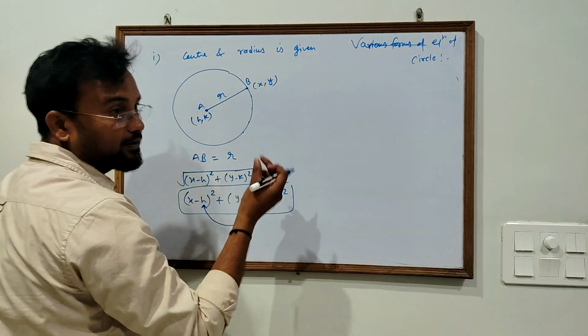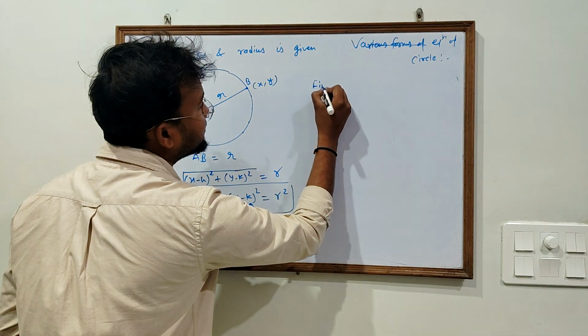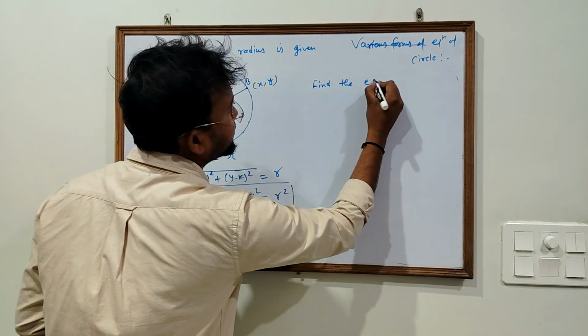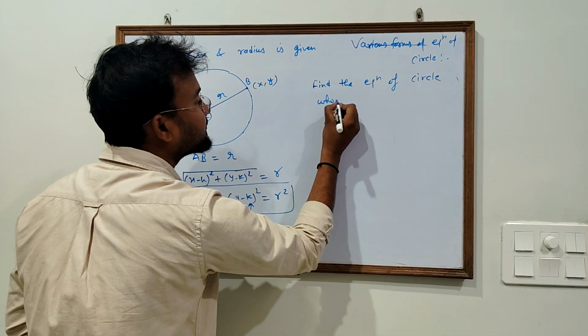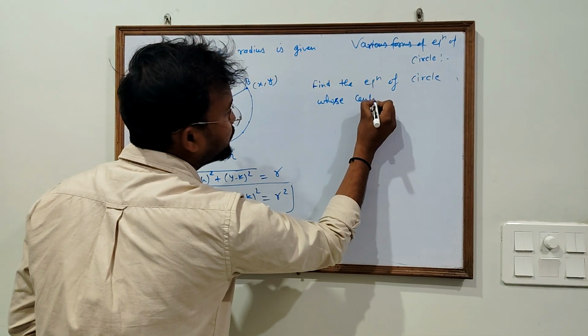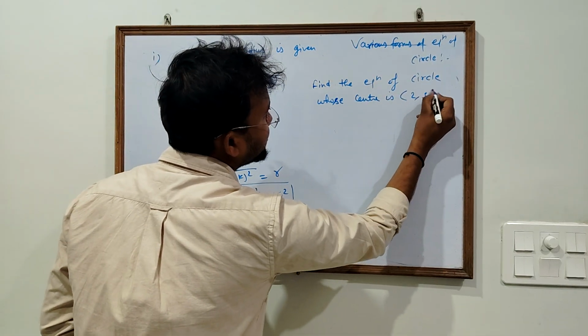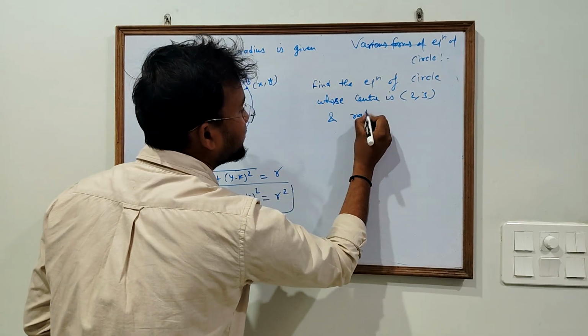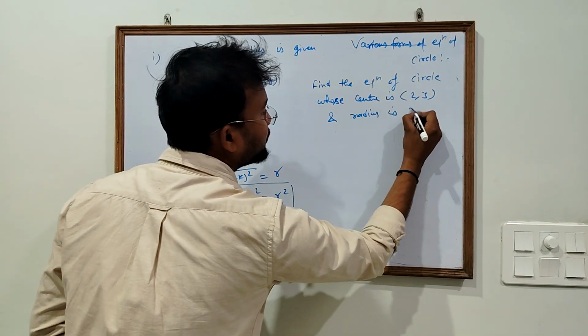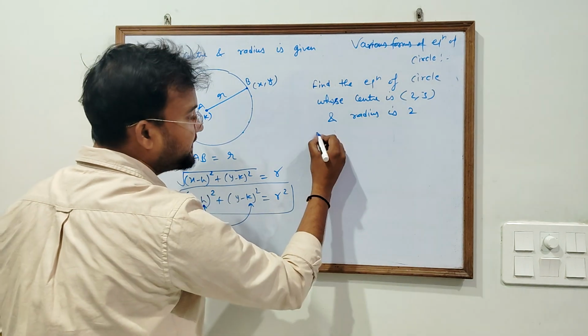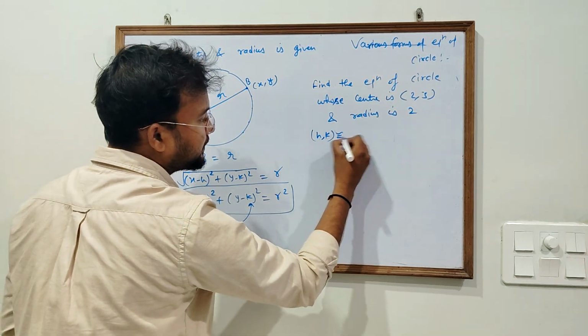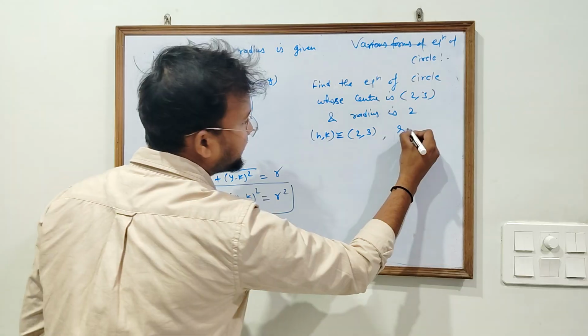Bachon, for example, I take a very small example. Find the equation of circle whose center is 2 comma 3 and radius is 2. I want to find out the equation of the circle. Center means h comma k is given. That should be 2 comma 3 and the radius is 2.